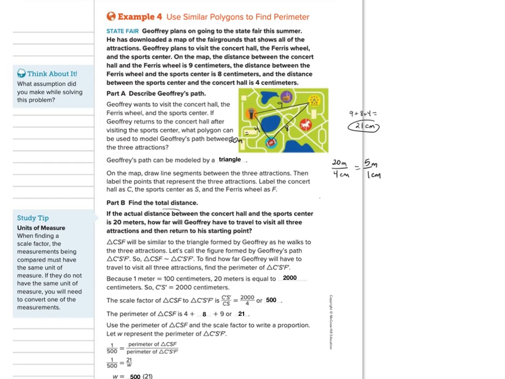If that's the case, then I could take 5 meters over a centimeter and multiply that by 21 centimeters, which would, centimeters would cancel out, and I would end up with 105 meters is the actual distance to travel the perimeter of that triangle to see all cases.